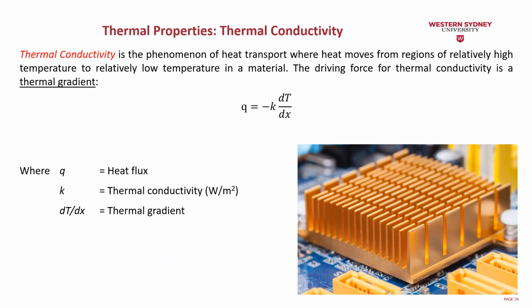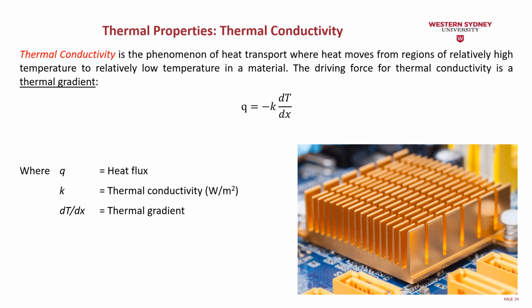Now, the other thermal property is the thermal conductivity, which is a phenomenon of heat transport where the heat moves from a region of relatively high temperature to a relatively low temperature in a material. The driving force of the thermal conductivity is the thermal gradient.